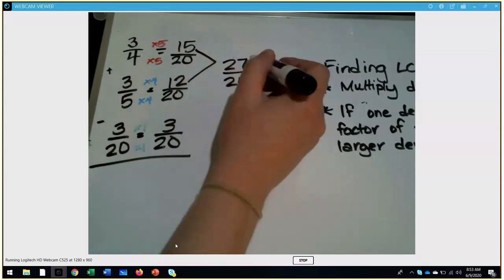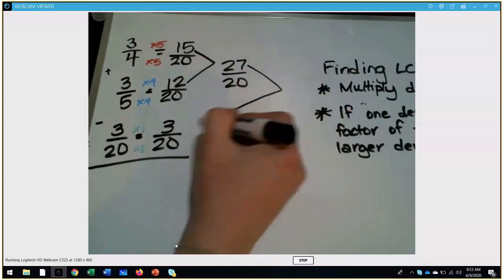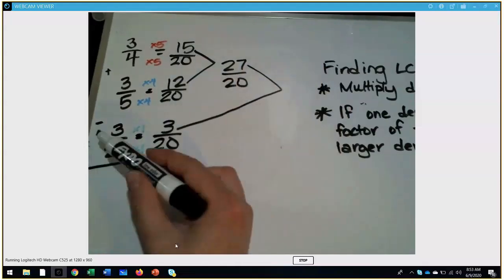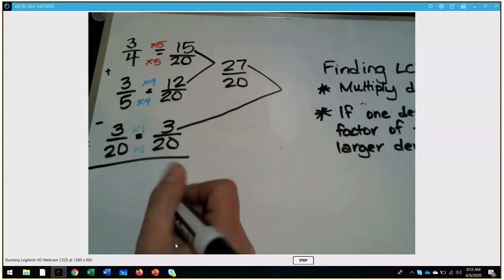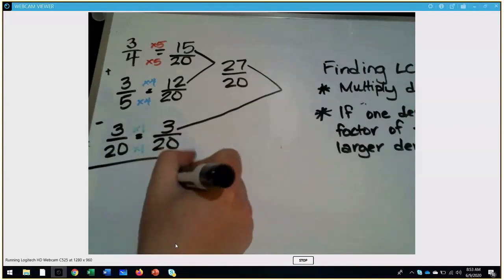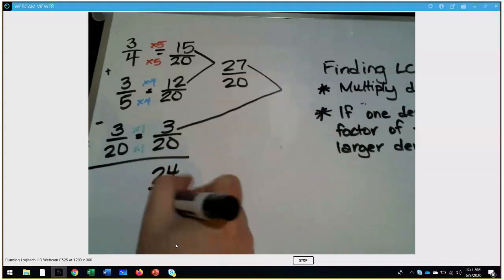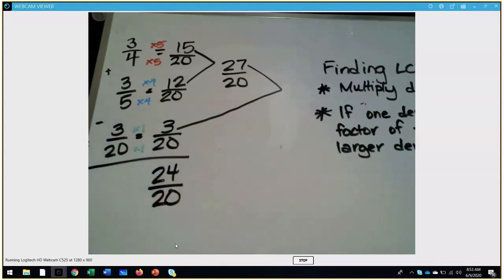And then the 27 minus the 3 is 24. Keep your denominator and then see if you can reduce this. This one does reduce. Even though it's improper, you can still reduce it.